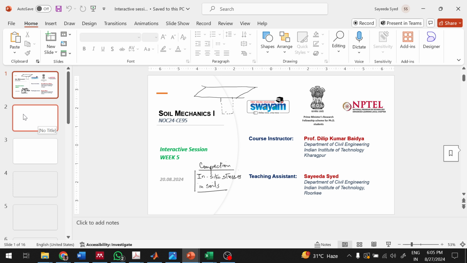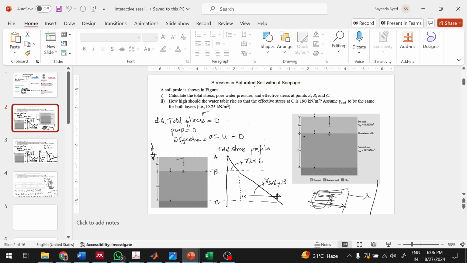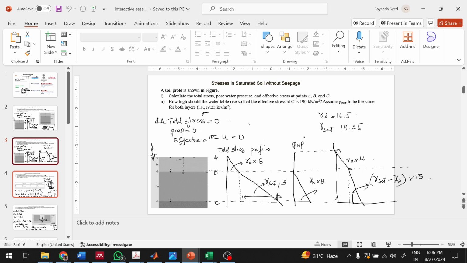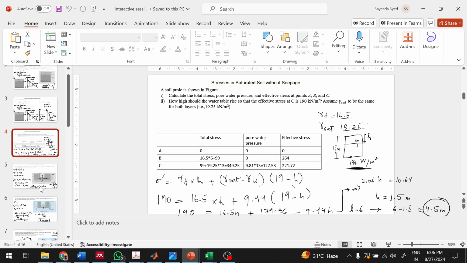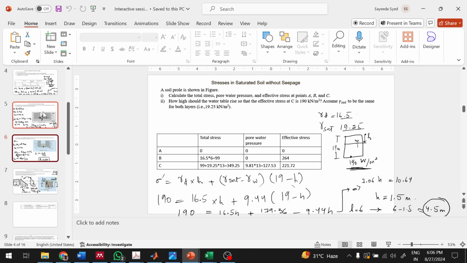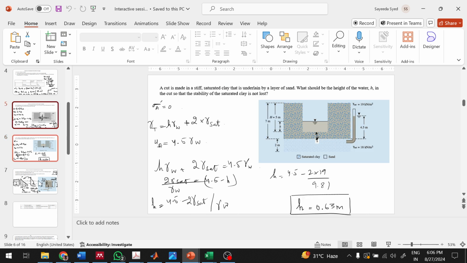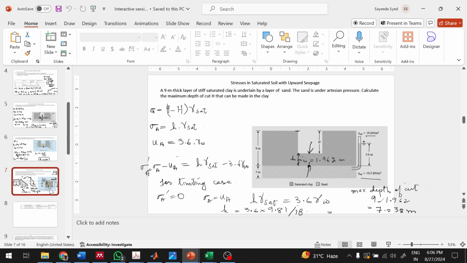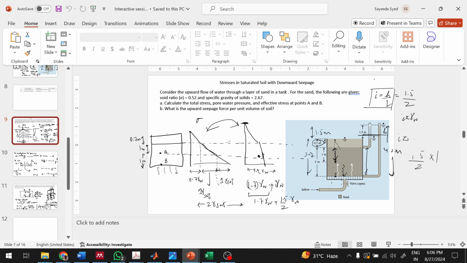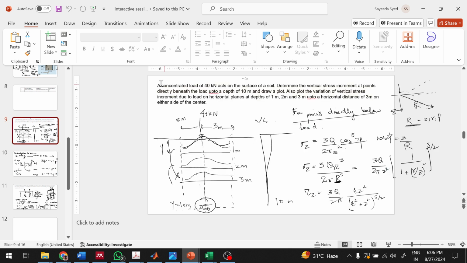So in the fifth interactive session, we studied about stresses in saturated soils with and without seepage. Okay, and then we did some questions on this.